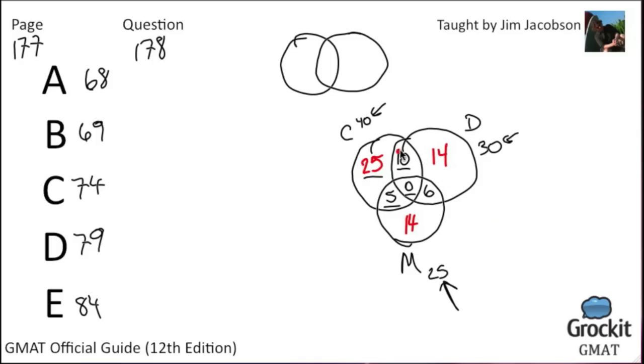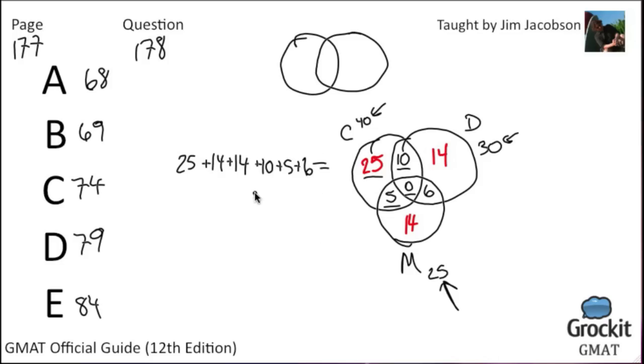And if we add up all of these numbers within the individual little subsections of the circle, we should actually get the total number of students. So we add 25 and 14 and 14 and 10 and 5 and 6.